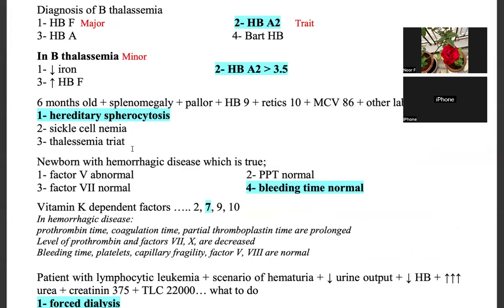Here the cells are spherocytes, but in thalassemia trait it will be microcytic, hypochromic. In sickle cell anemia, you also see the sickle shaped cells, and I think they are also microcytic. We don't see this MCV 86 in other than hereditary spherocytosis here. That's why that is the option.